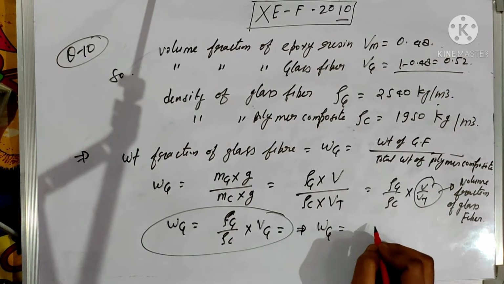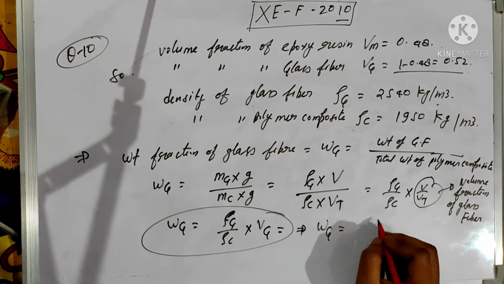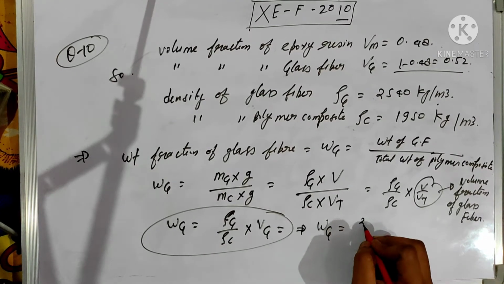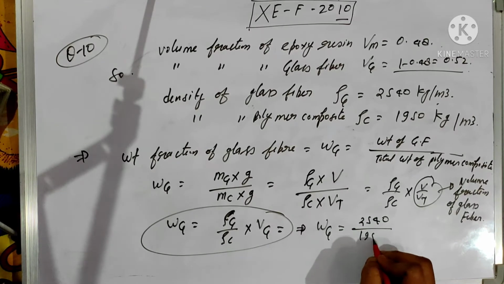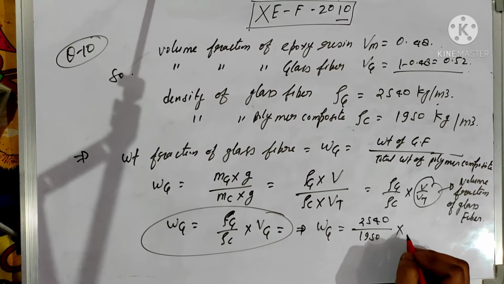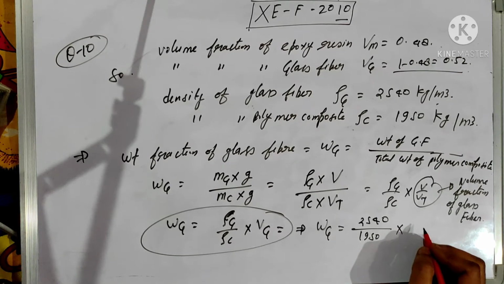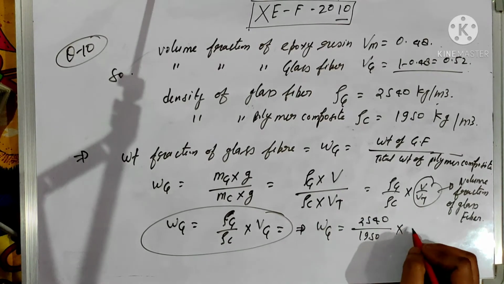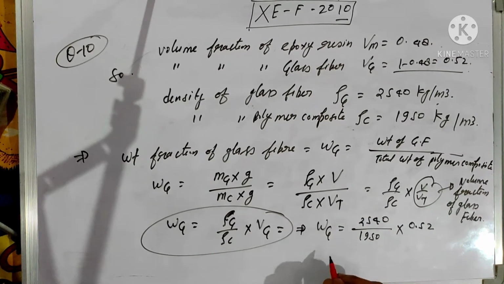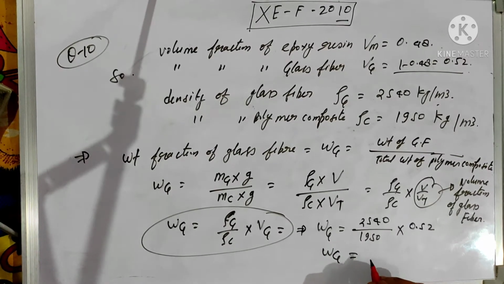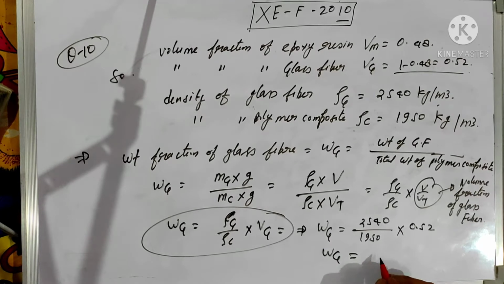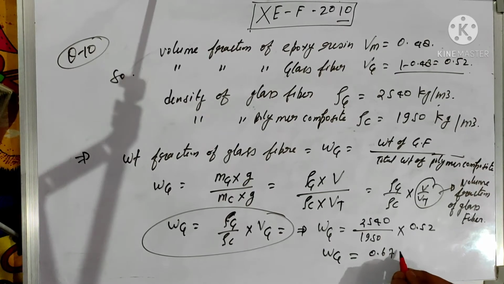The weight fraction of glass fiber is equal to the density of glass fiber 2540 divided by the density of composite 1950 into the volume fraction of glass fiber 0.52. Then you get the weight fraction of the glass fiber is equal to 0.677, approximately 0.68.